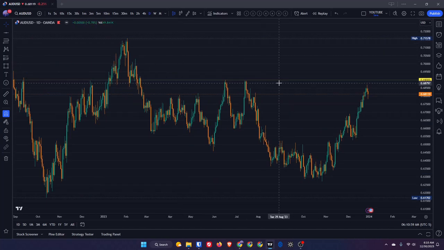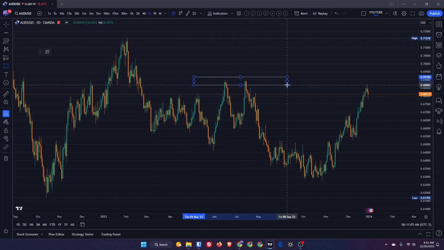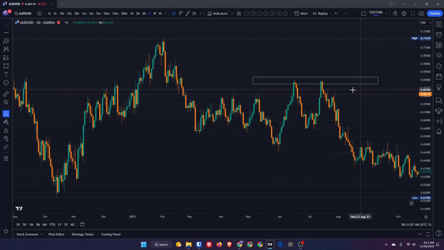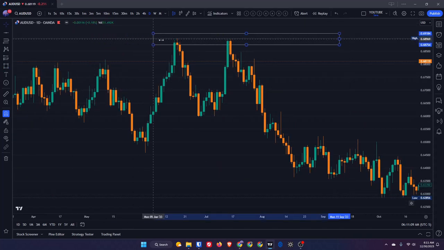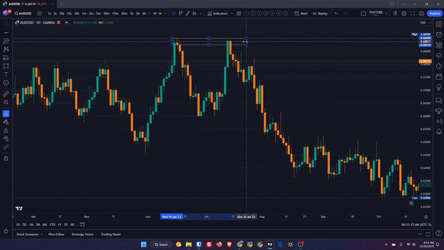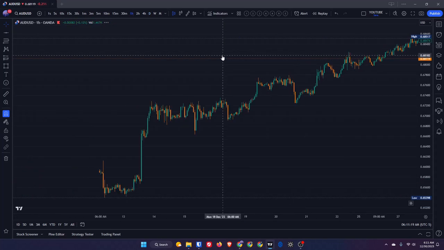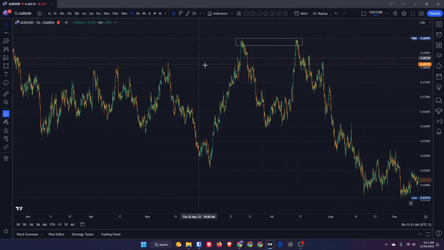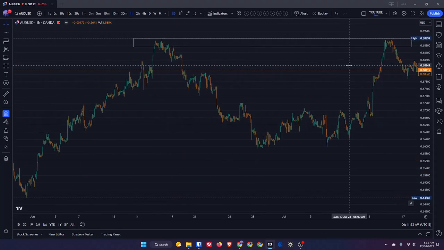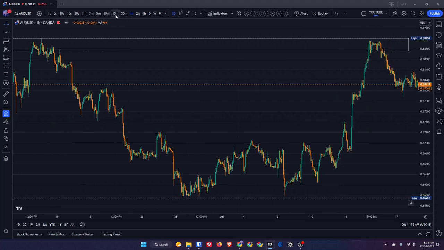Another way to break down support and resistance zones. Let's go back to this example right here. We got a pretty solid resistance zone right here on the bigger time frames. Okay, so let's go on the smaller time frames. How can we use it on the smaller time frames?